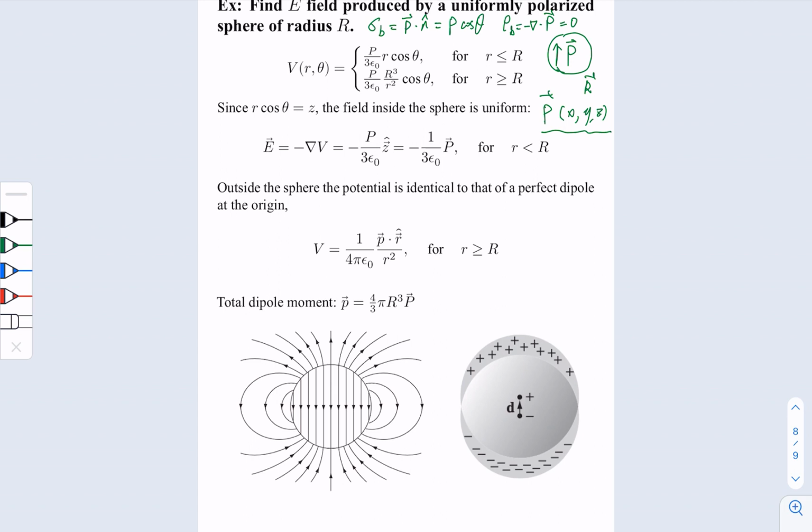Here the top sphere is of uniform plus charge, and the bottom sphere is of uniform minus charge.